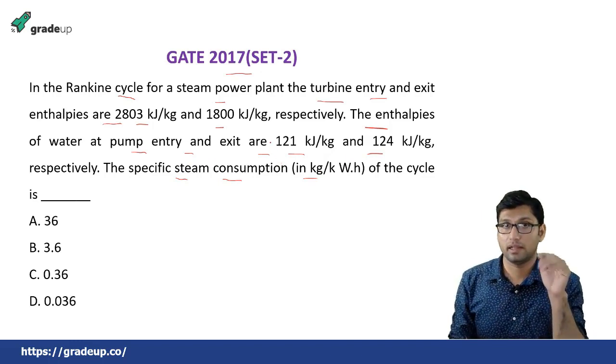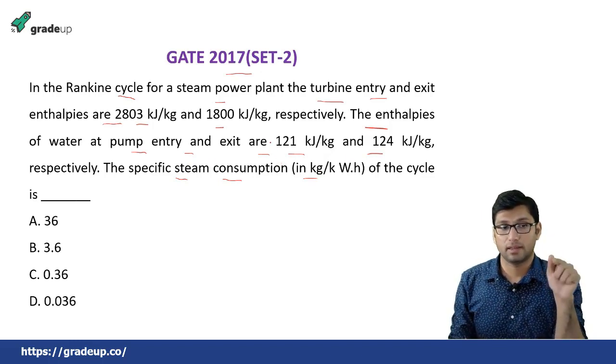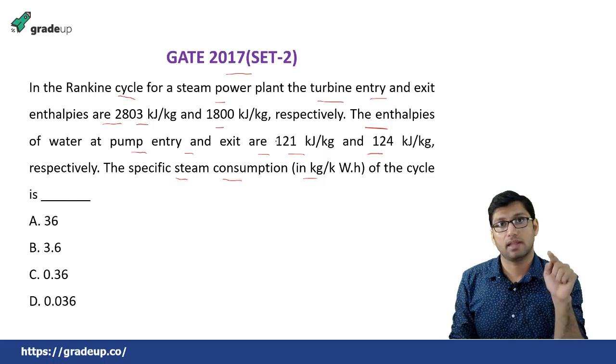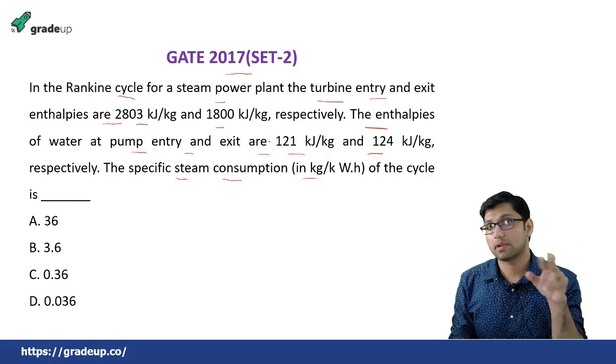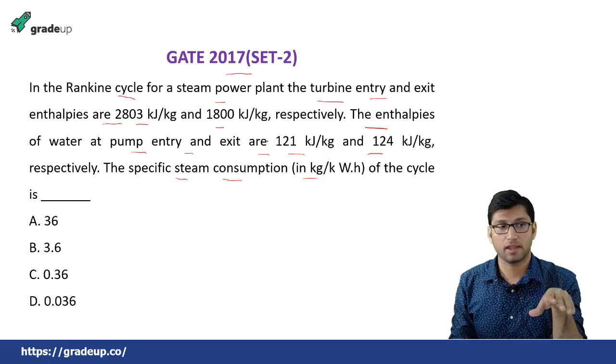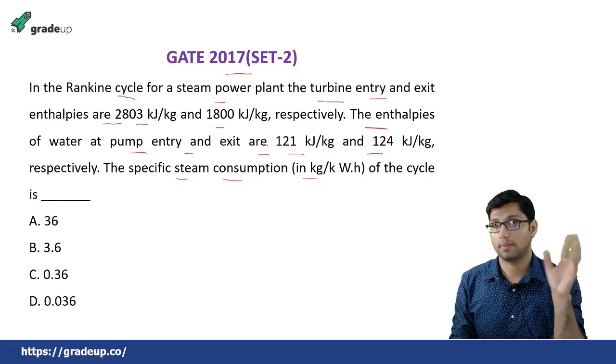If you see in this video lecture, the same type of question was asked in GATE 2015 set 2, and the same concept is asked in GATE 2017 set 2. That means concepts are repetitive, questions are not. The same question will not be asked, but the concept is repetitive.